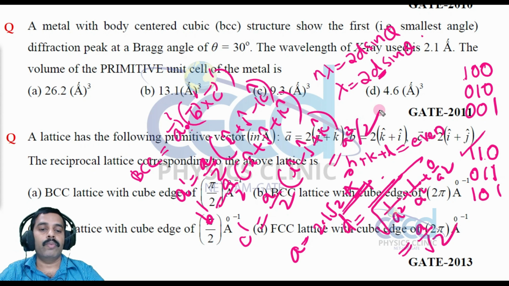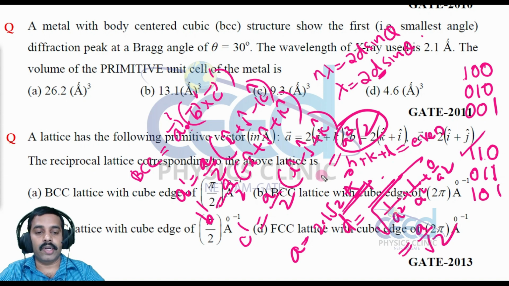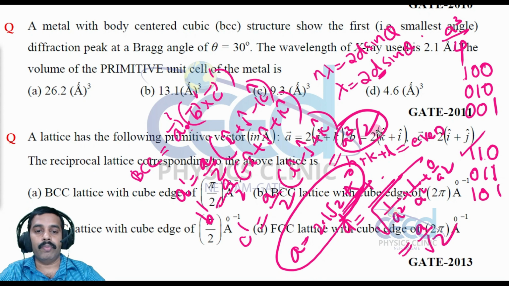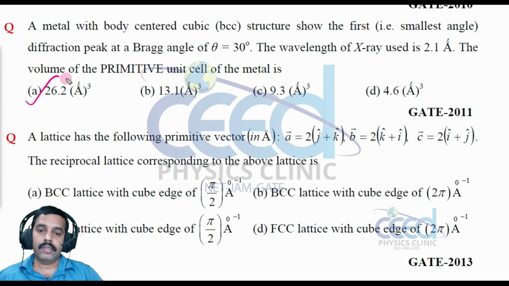So this is the expression for the volume of the BCC primitive unit cell. For FCC we have seen a cube divided by 4. So we have already got the a value, then we find a cube by 2. When you solve this, you will get the answer, that is 26.2 Armstrong cube.